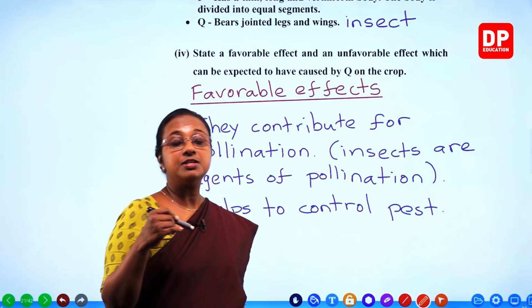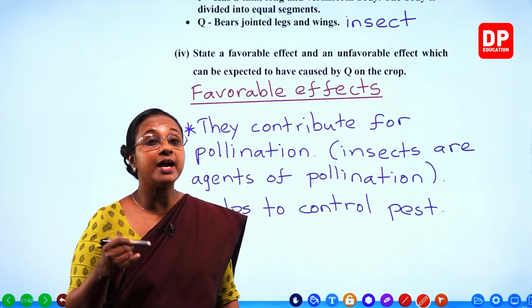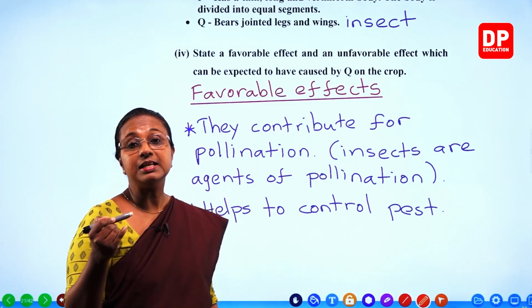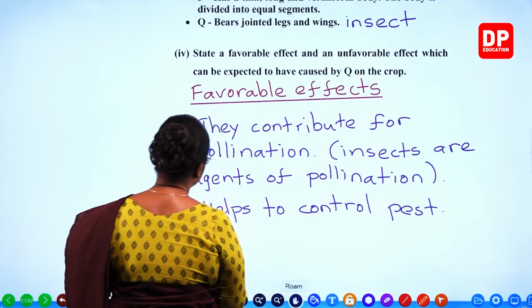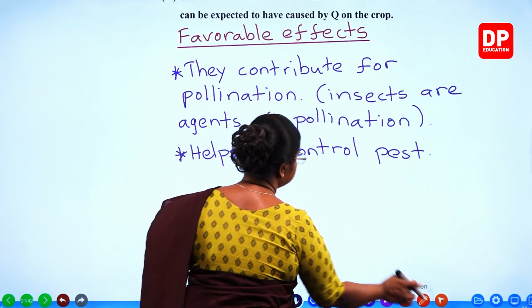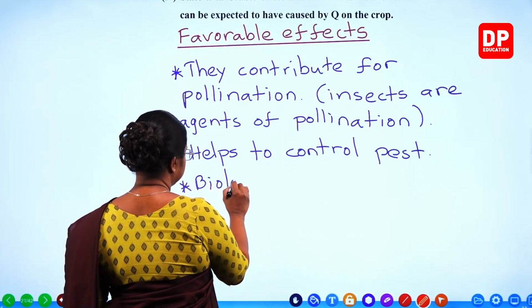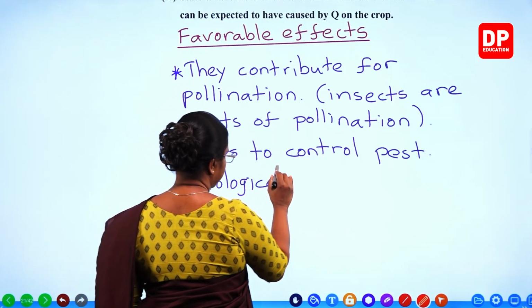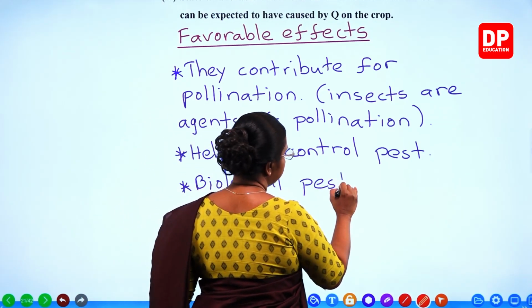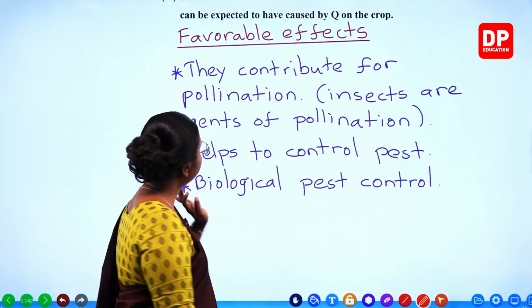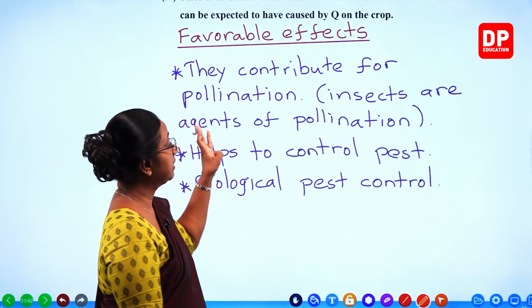So if they contribute for pest control, what type of pest control is this? It is biological pest control. So I have written 3 favorable effects.